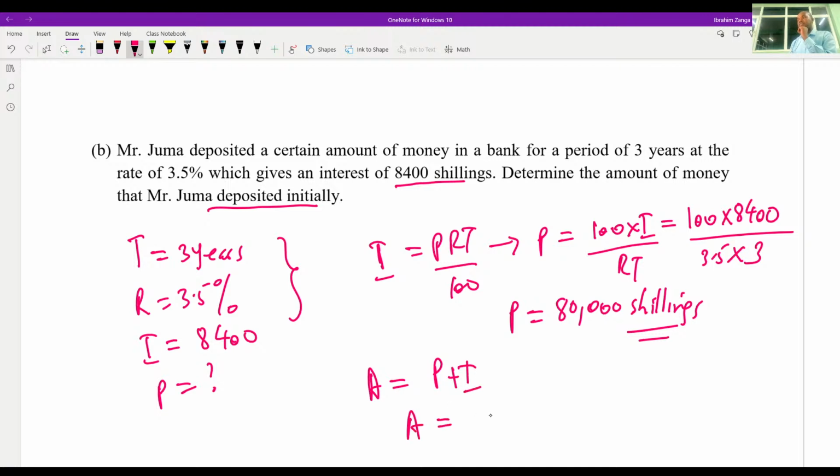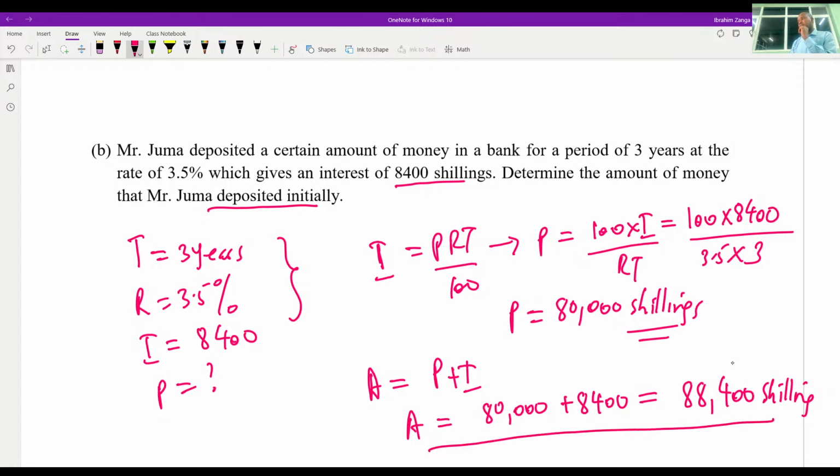So the amount eventually will be the principal plus the interest amount, which is 80,400, and eventually we are getting 88,400 shillings. So this is the amount we were supposed to get.